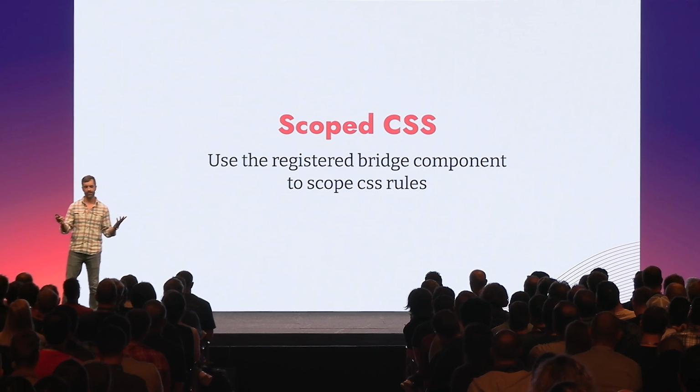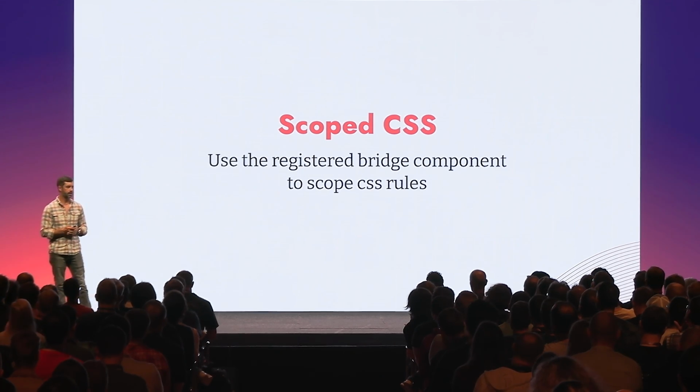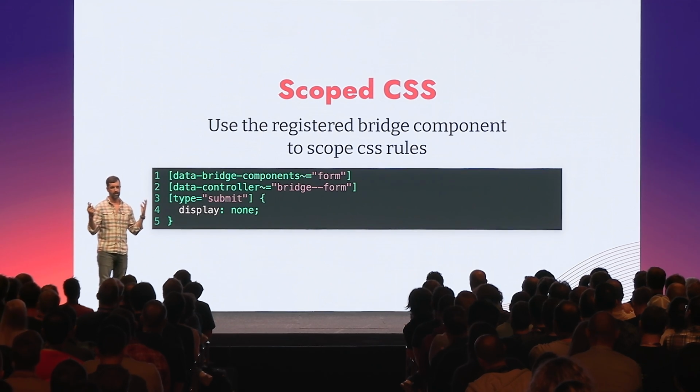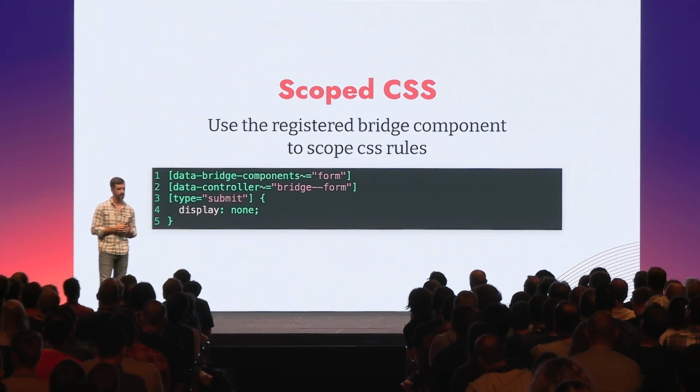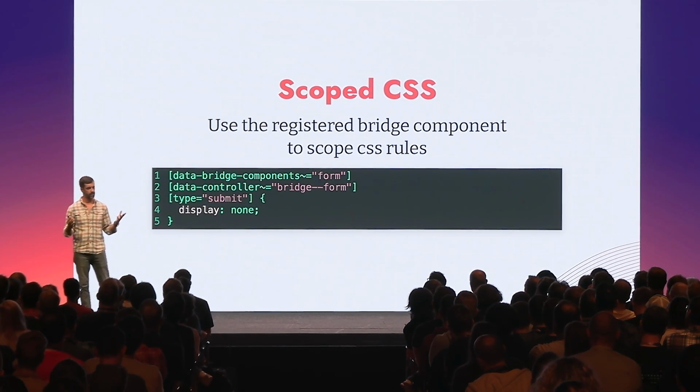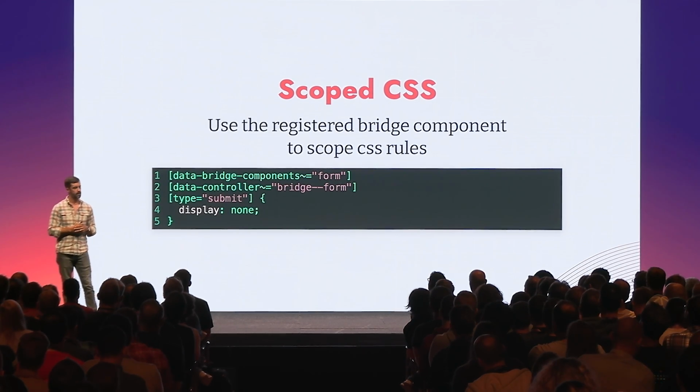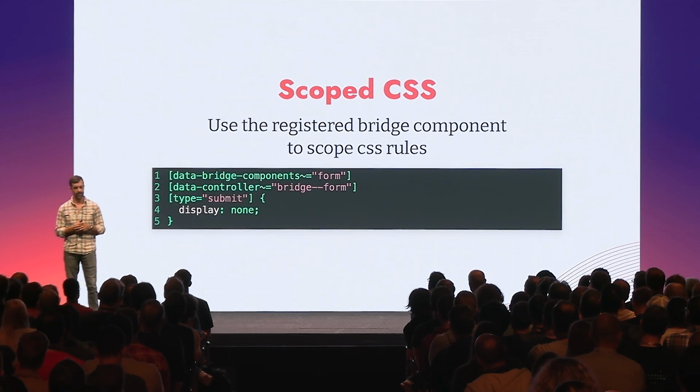We're going to use the registered bridge component to have scoped CSS here. It would look just like this. For any submit button inside of a bridge form controller, whenever the form component is supported in the native app, we will hide the submit button.